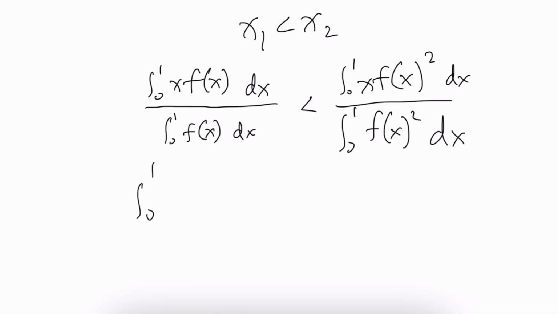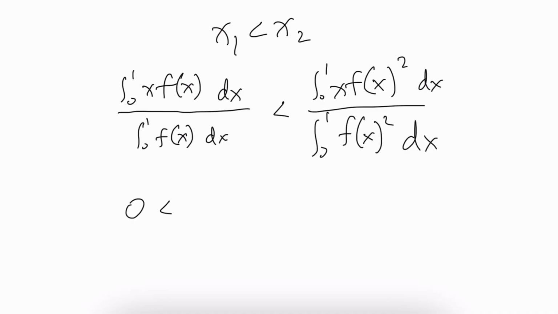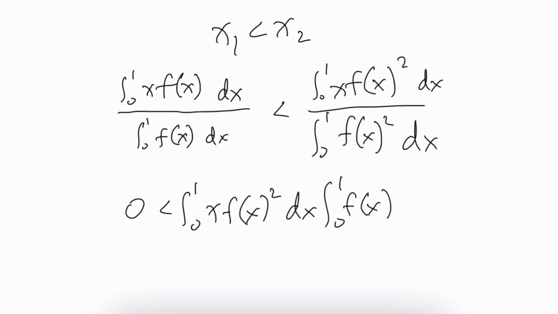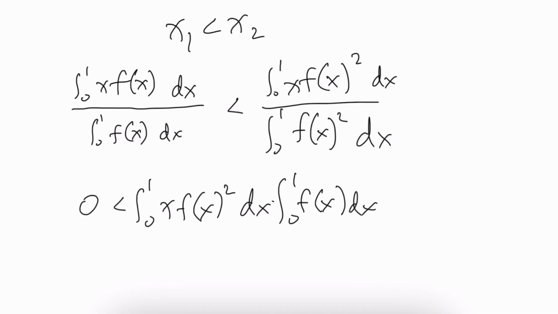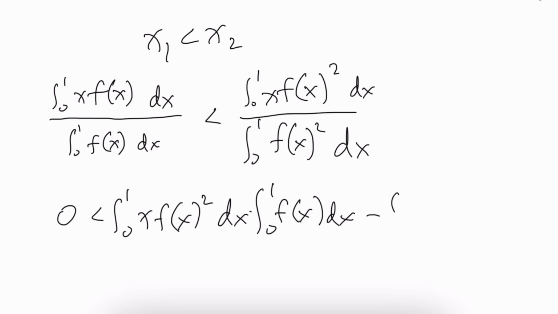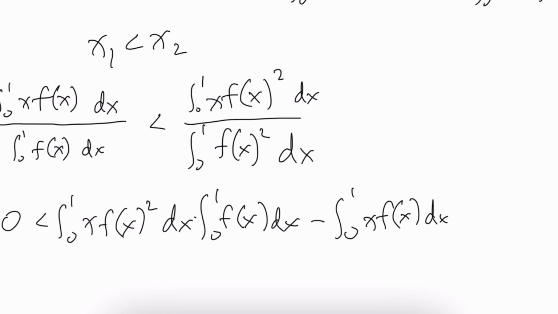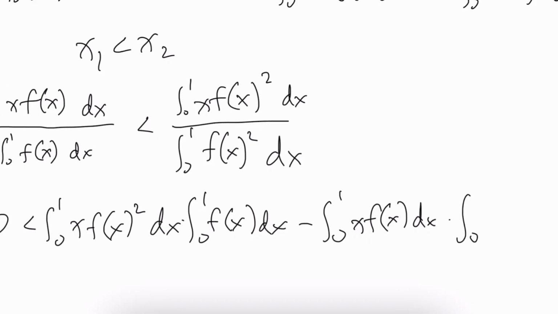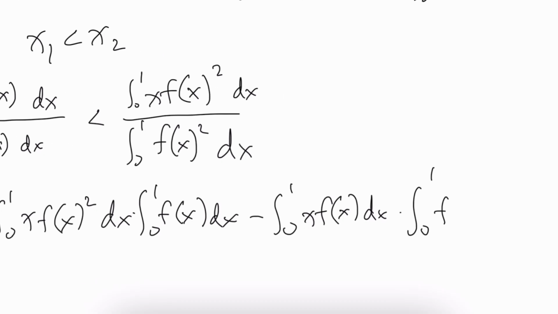Rearranging completely, we get that we want 0 to be less than the integral from 0 to 1 of x times f of x squared dx, times the integral from 0 to 1 of f of x dx, minus the integral from 0 to 1 of x f of x dx, times the integral from 0 to 1 of f of x squared dx.